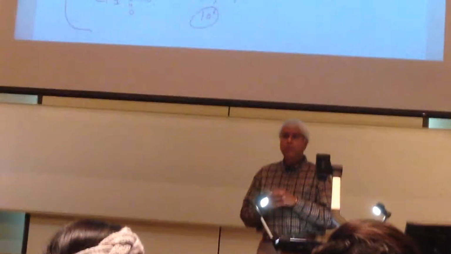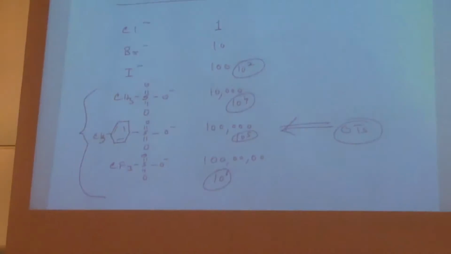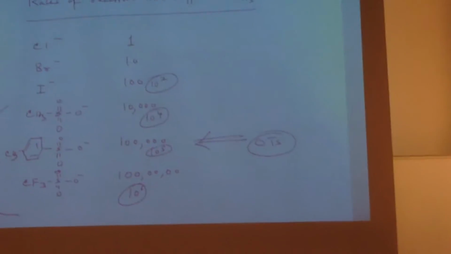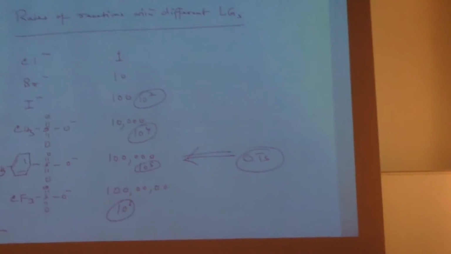So these are some of the effects of the leaving group that we see, and this is therefore a very effective way to use OH groups to make a good leaving group.